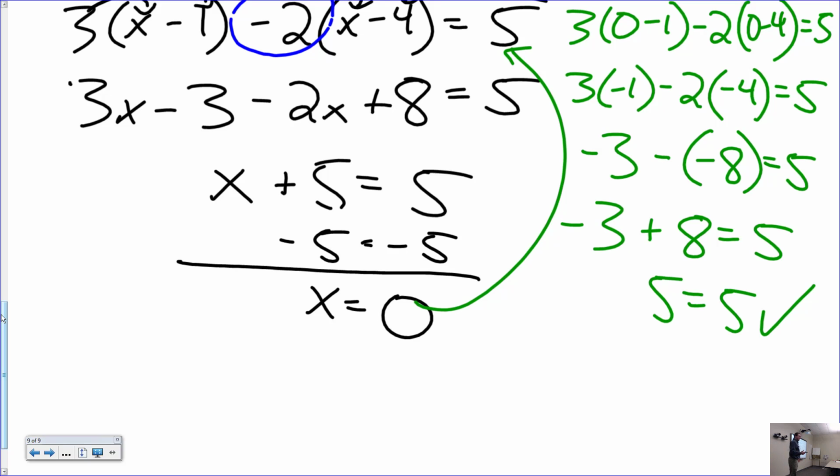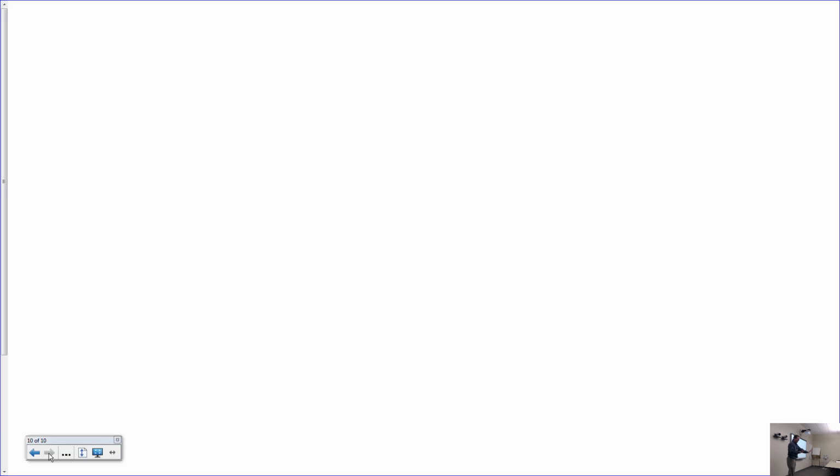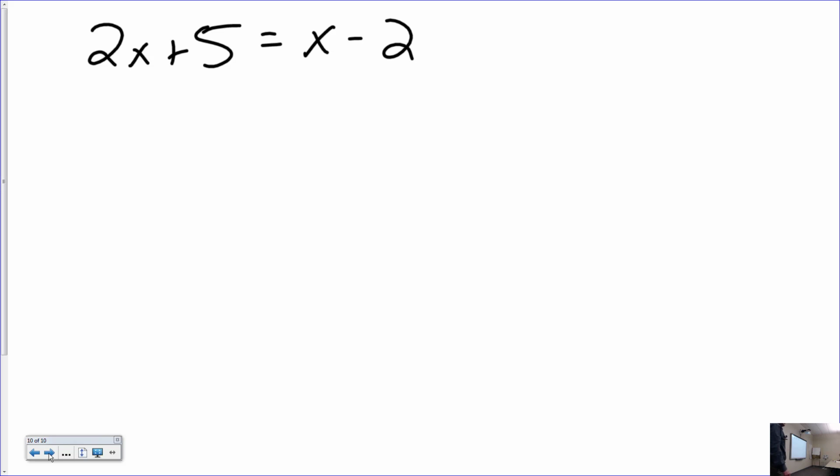Okay? Not too bad? Alright, so one last minor trick that might happen to you when it comes to straight out algebra, no word problems. What did I do to you here? You have x on both sides.